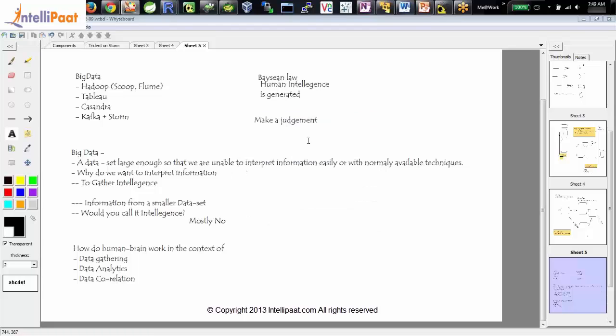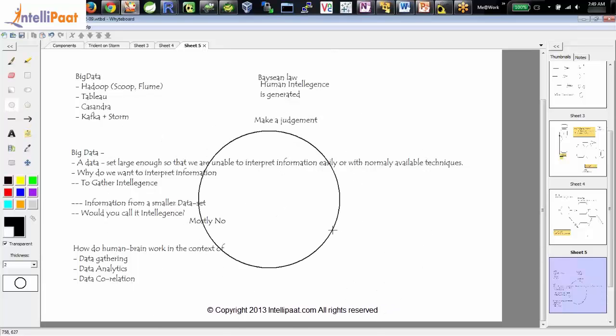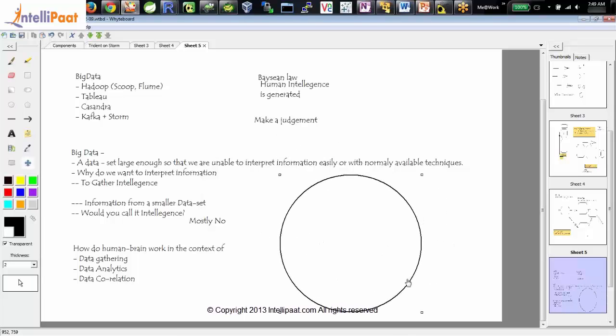This is a very important learning that we have to have before we start running behind big data. Why?